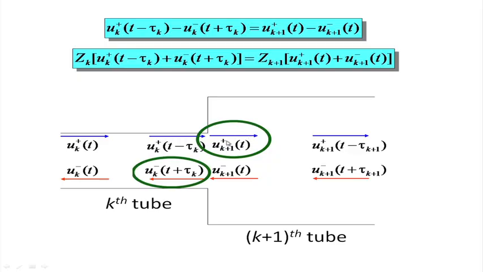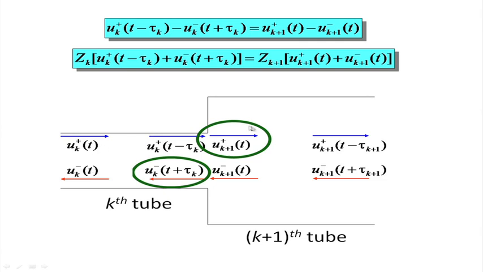Suppose different cross sectional area water pipes are joined together. The water is flowing here, and at this junction, the volume velocity at this point is what is injected in the second tube, and the backward volume velocity in the kth tube is nothing but the volume velocity which is injected due to the backward wave.